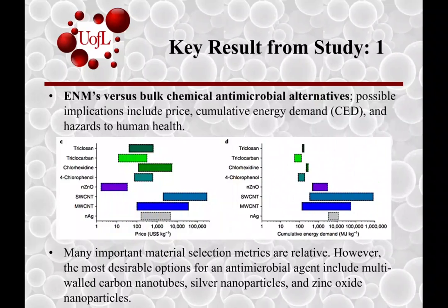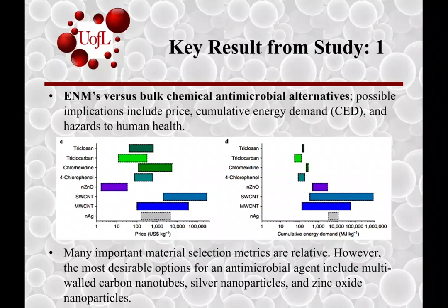So the key result from study 1 is that we're focusing on E&Ms versus bulk chemical antimicrobial alternatives. Possible implications include price, that product designers would have to pay to nanomaterial producers for the E&Ms in their product.